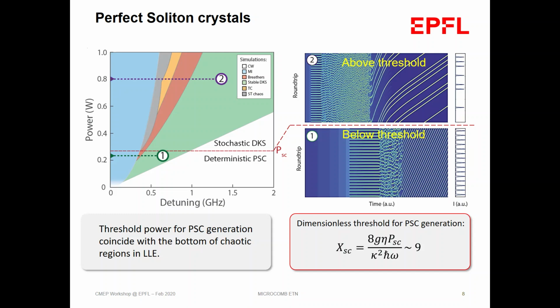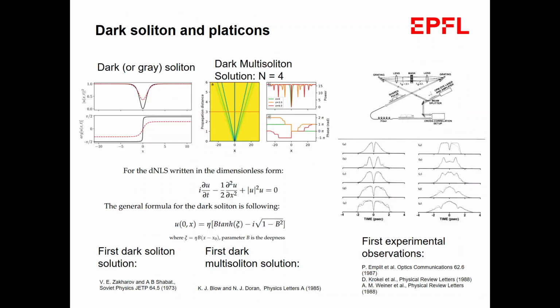I wanted to mention that in the nonlinear Schrödinger equation, there is a dark soliton solution. If you're not familiar with this, what is going on? You have a background, and a dark soliton is nothing but a dip in this background. There is a phase jump, of course, as we can see here.